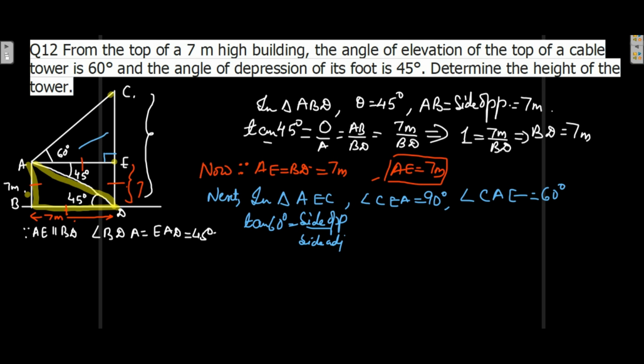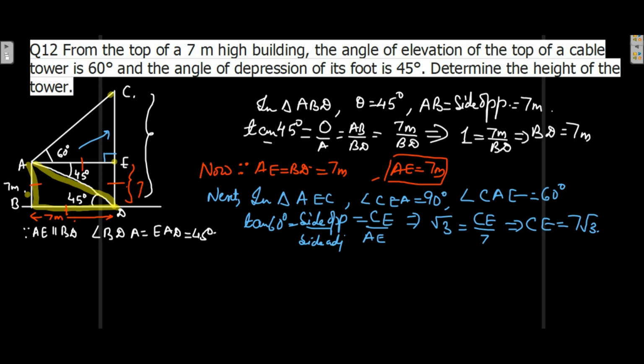For 60 degrees the opposite side will be CE and the side adjacent will be AE, and we know the value of AE, and also we know tan 60 degrees. Tan 60 degrees is √3, equal to CE over AE, and AE is 7 meters. So CE will be equal to 7√3.